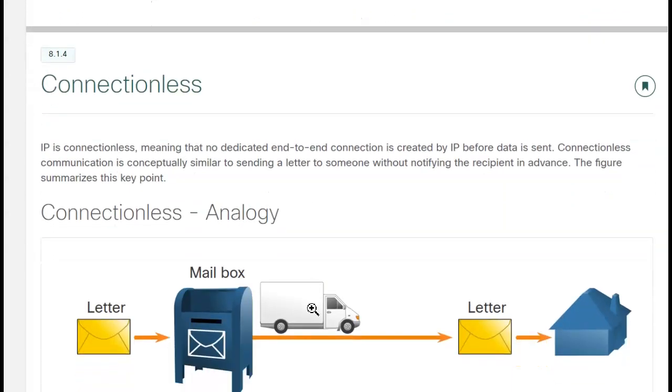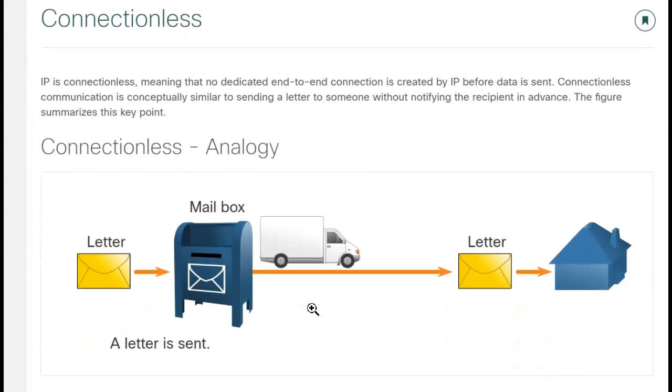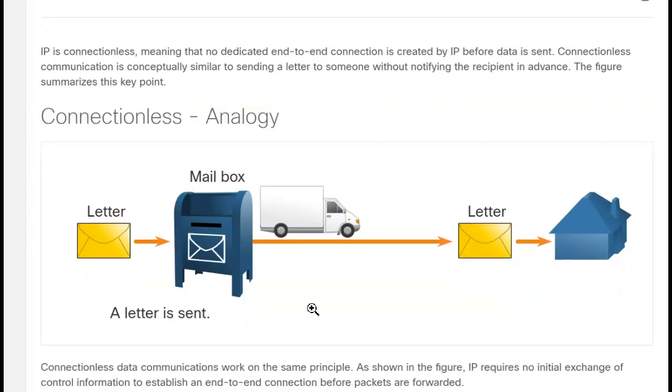Now, connectionless means there's no dedicated end-to-end connection. It gives you a rough idea: I put the letter in the mailbox, but I have really no clue how it gets delivered. I know what the end device is, but I don't know how it's going to get there. Whether it goes by truck, boat, plane, 2 trucks, 3 trucks, 14 cities, you just don't know, and you don't care.